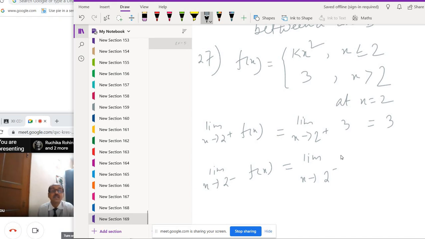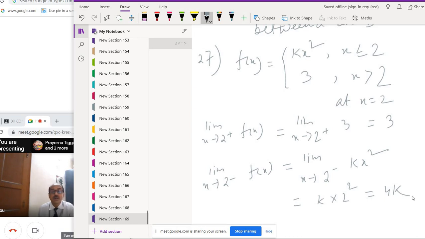So when x is less than 2, f(x) is kx square. So at x equal to 2, that means k into 2 square. 2 square is 4, so it is equal to 4k.